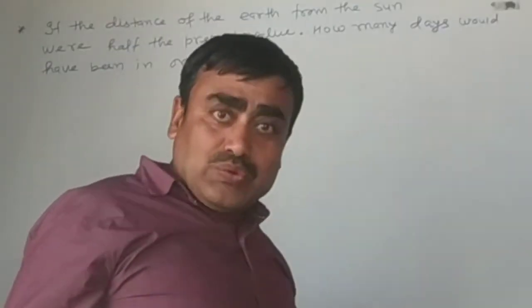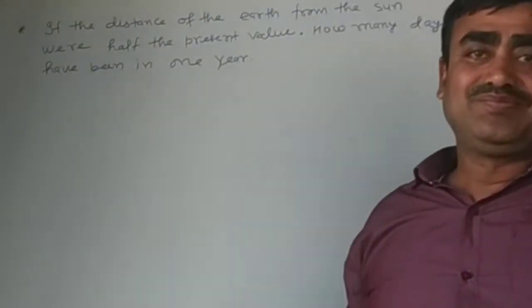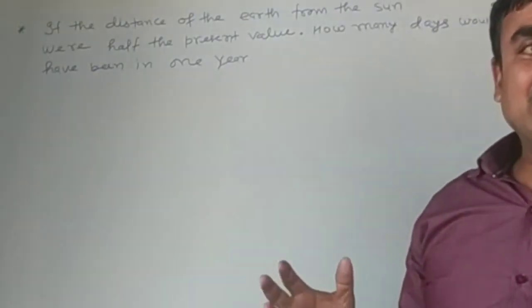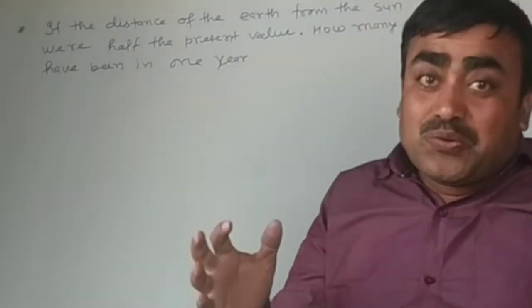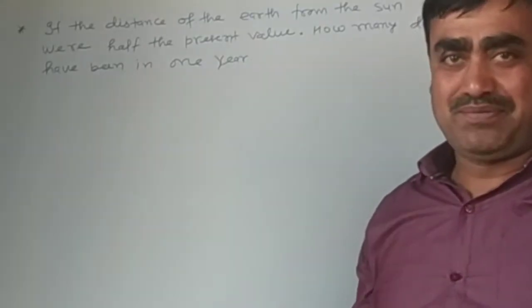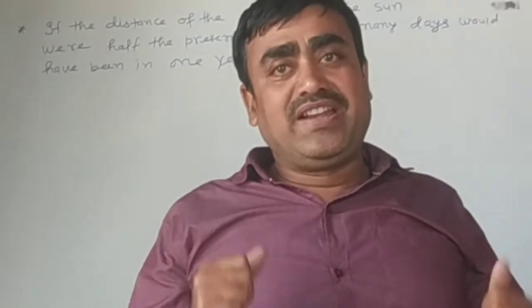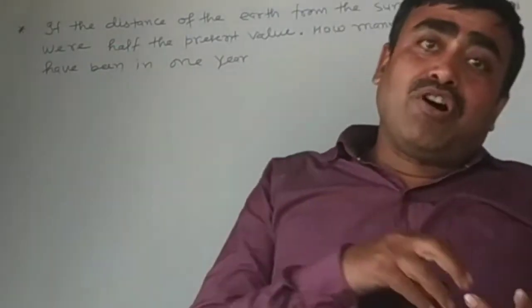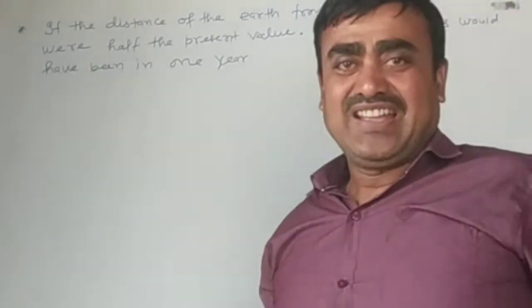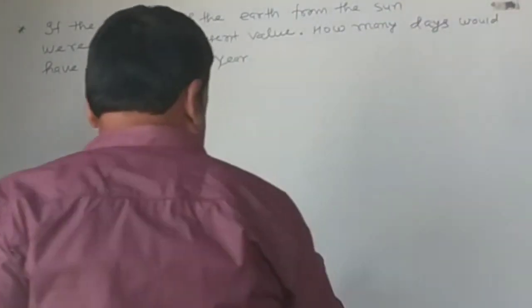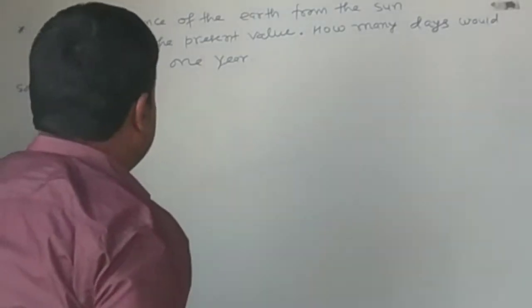Here the question says, if the distance between earth and sun is reduced to half, then how many days form 1 year? Here the solution is given.